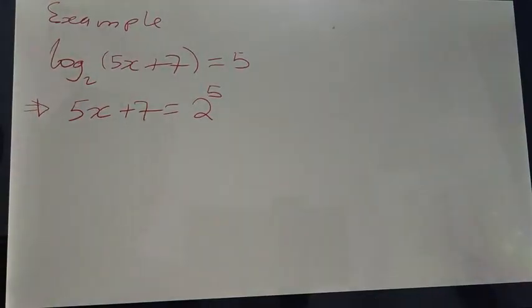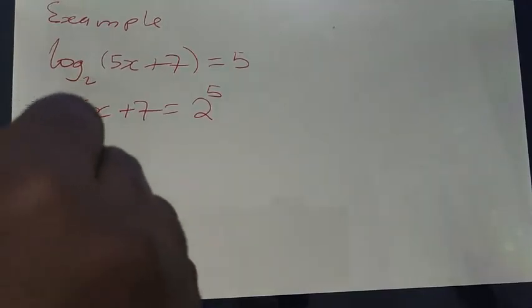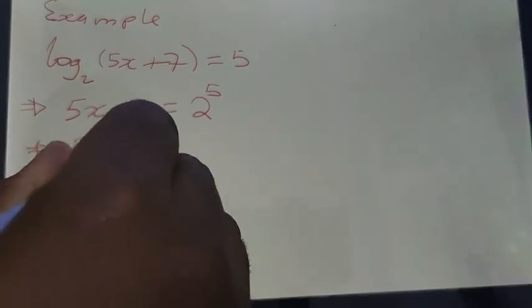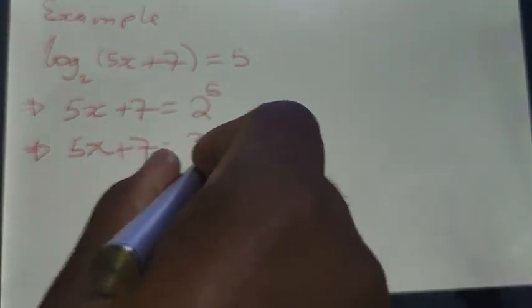So for us to change this one to exponential form, we'll have 5x plus 7 will be equal to 2 to the power 5. And this one will be equal to 5x plus 7 is equal to 2 to the power 5, that's 32.